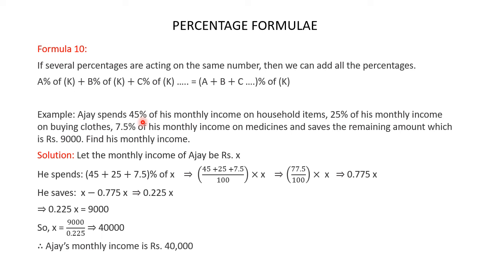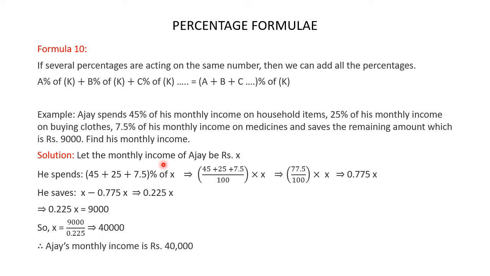Ajay spends 45% of his monthly income on household items, 25% of his monthly income on buying clothes, 7.5% of his monthly income on medicines, and saves the remaining amount, which is rupees 9,000. Find his monthly income.